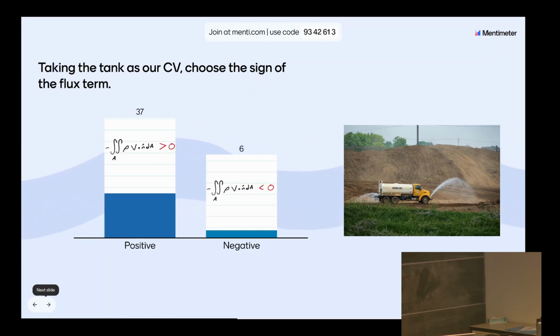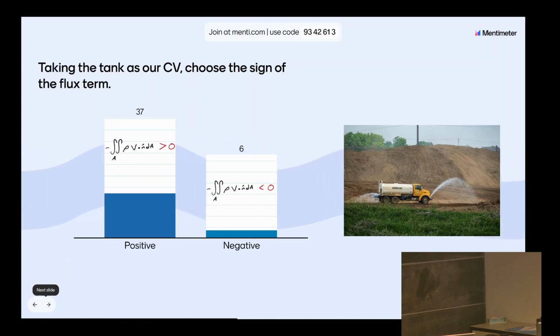Okay, because the answer is negative. Remember, conservation of mass is just that accumulation is equal to the flux in. When I put the negative sign in front of this integral, that's when we get the flux in. So we're actually not getting a flux into our CV at all. We're getting a flux out of our CV. So this whole thing would be negative. Any questions there?